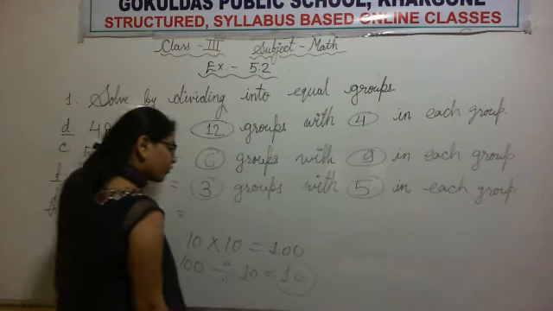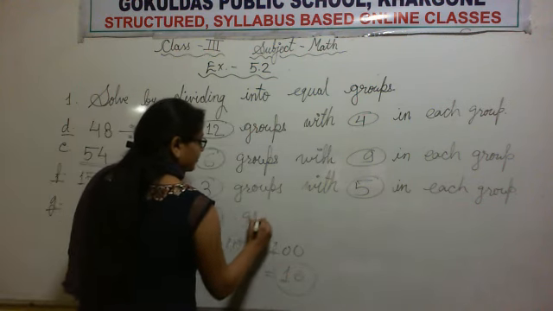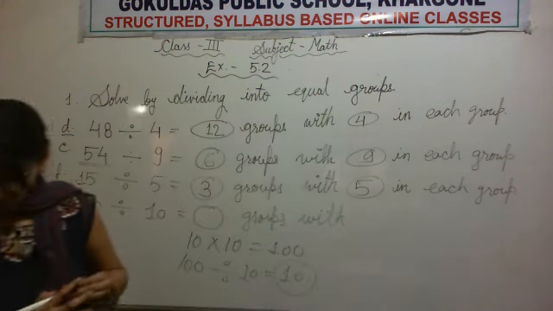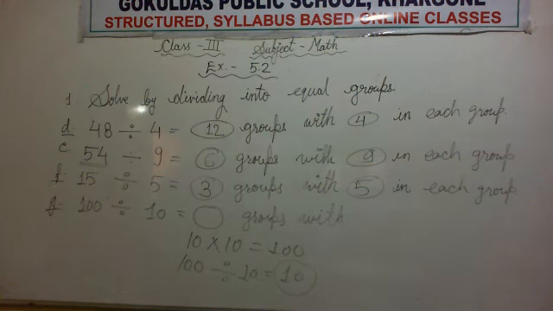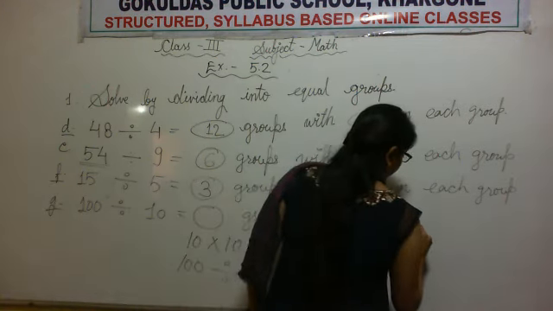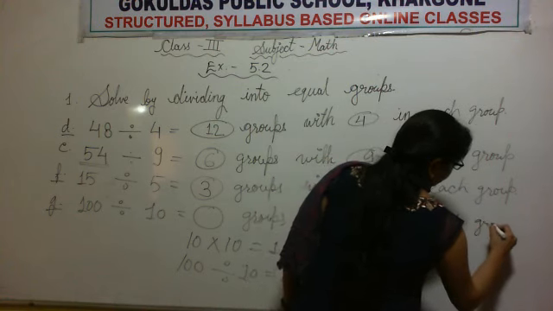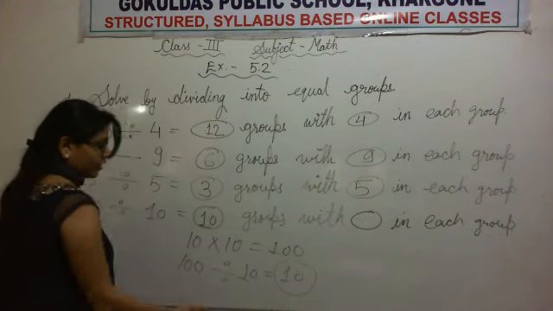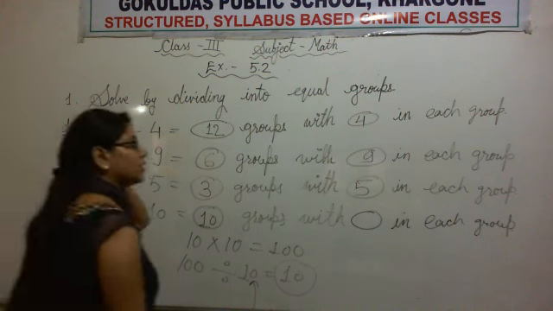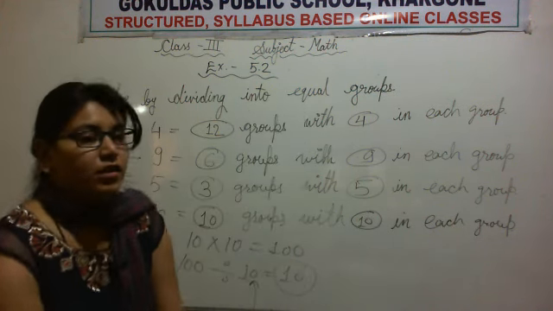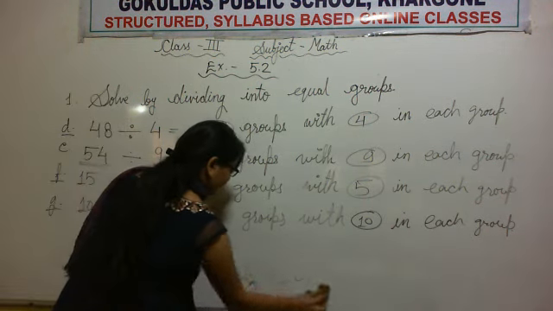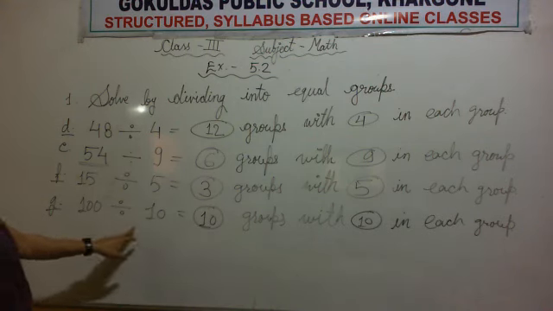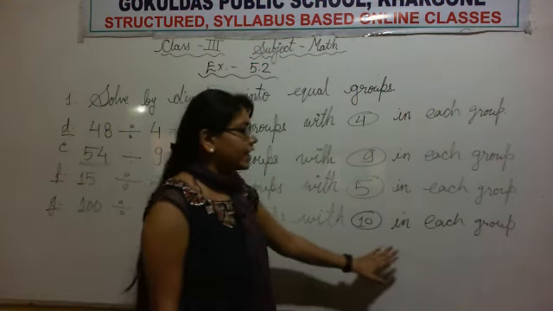This is the number of groups made, so 10 groups, and this is the number in each group, so 10 in each group. So 100 divided by 10 is equals to 10 groups with 10 in each group.